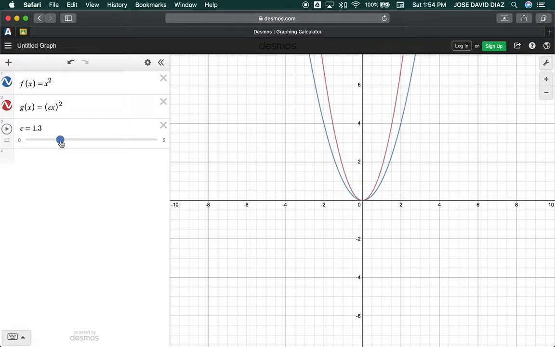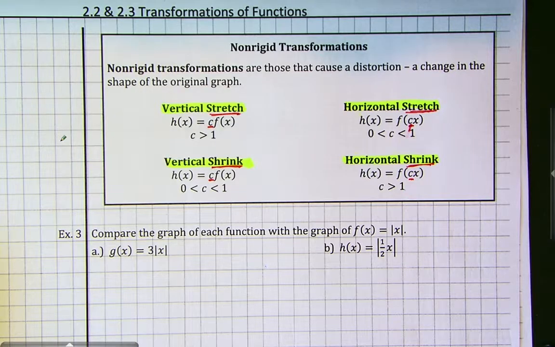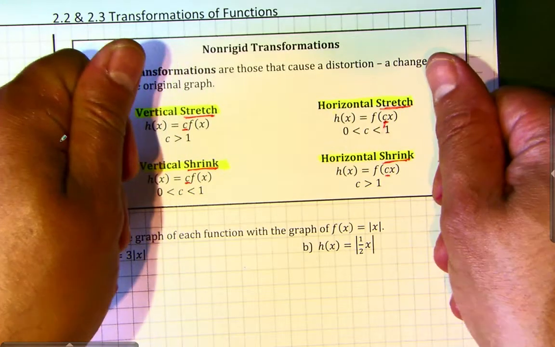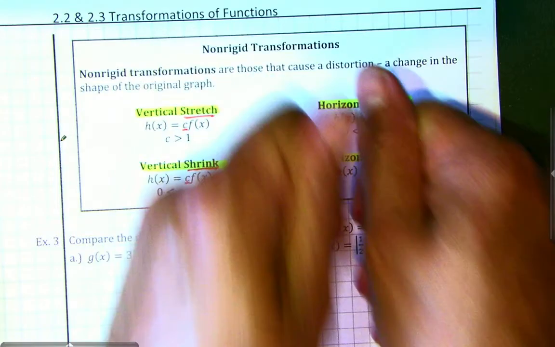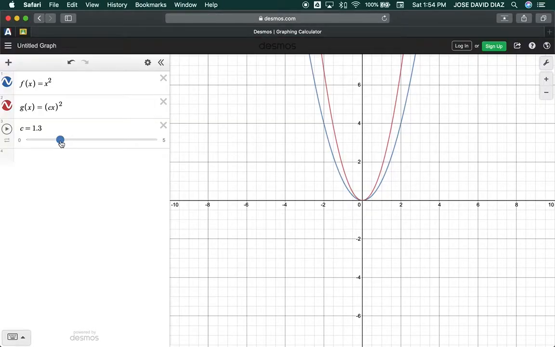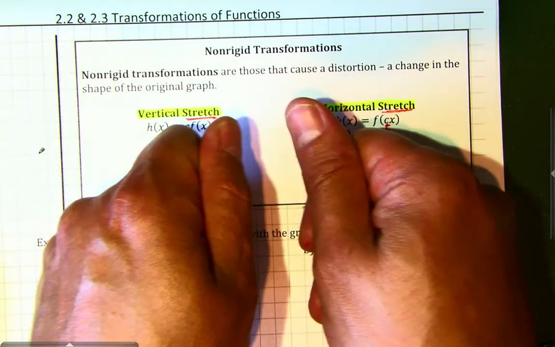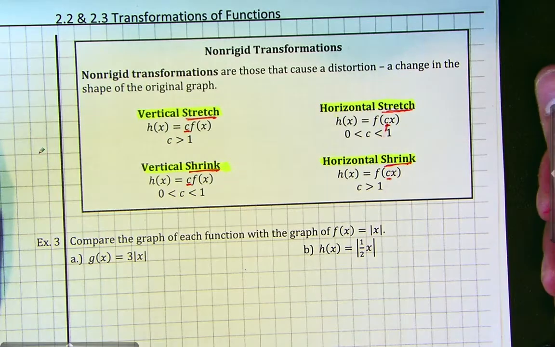So you kind of have to think about that it's shrinking. It's kind of hard to see, especially with a parabola. If it's smaller than 1, it's going to be a horizontal stretch. So you have to think about stretching horizontally, like just pulling it. That's a horizontal stretch.